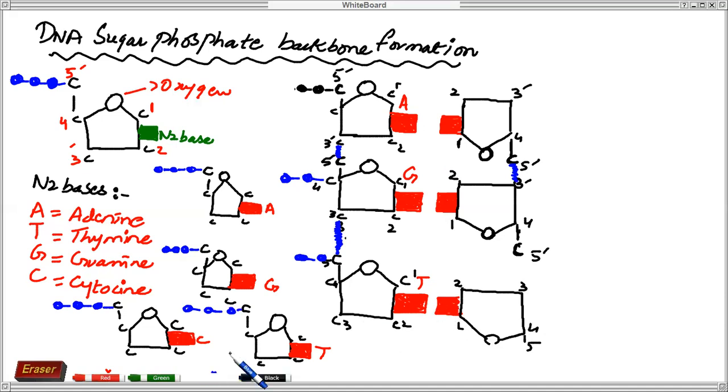And between fifth and third or third and fifth carbon, phosphodiester bond is formed. Acha, this is how the second strand is formed, that is completed.